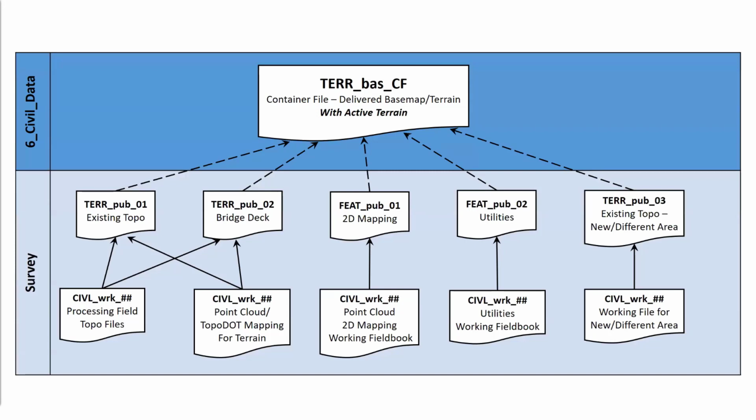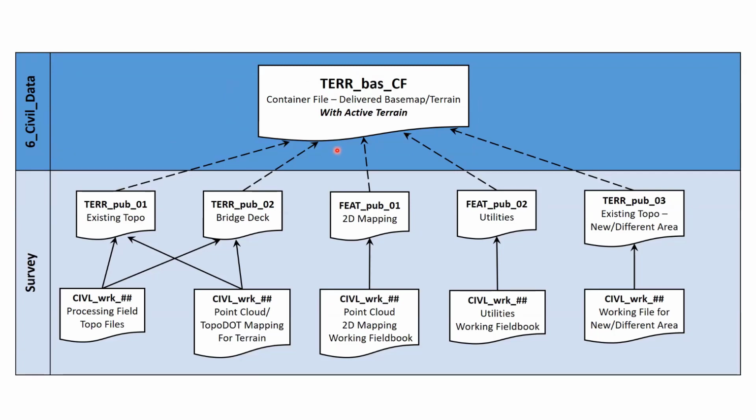Everyone has seen the swim lanes that Lenny does in her webinars, so I'm trying to do the same thing here. As I mentioned before, in our number 6 civil data folder over here on the left, we have our terrain base container file.